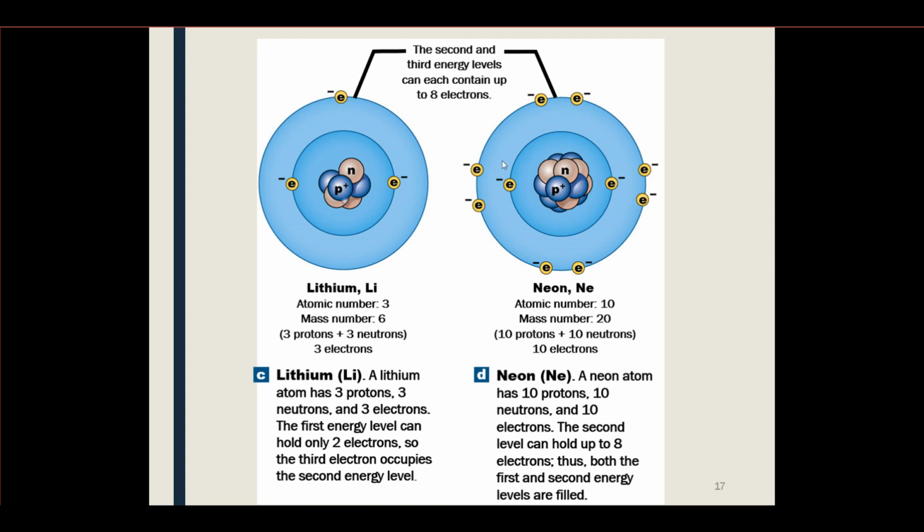So there's 10 electrons. The first 2 are in the first shell. That's full. We can't put any more in there. So that means the remaining 8 have to be in the second shell, and the second shell can hold 8. So look at this. 1, 2, 3, 4, 5, 6, 7, 8, right? So this one is full. Now, if there were other electrons, they would have to go in the next shell, and so on.